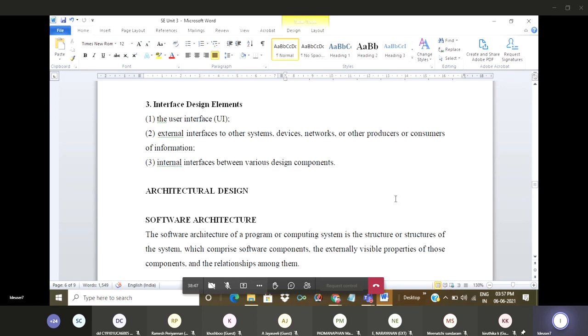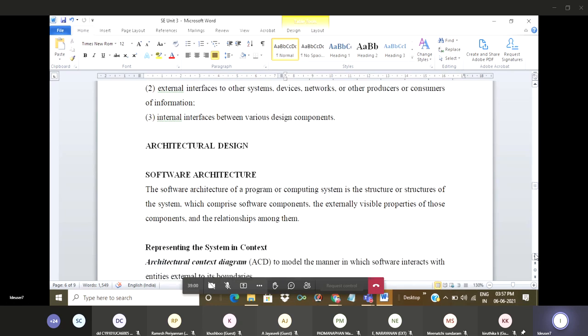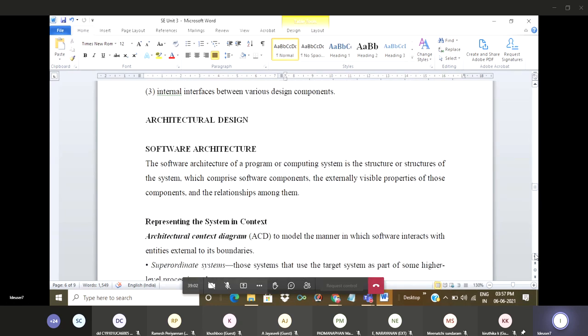So next title is architectural design. What is the definition of system architecture?